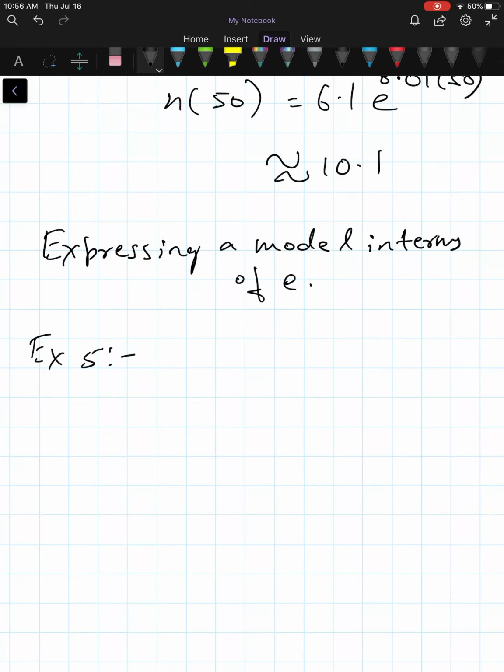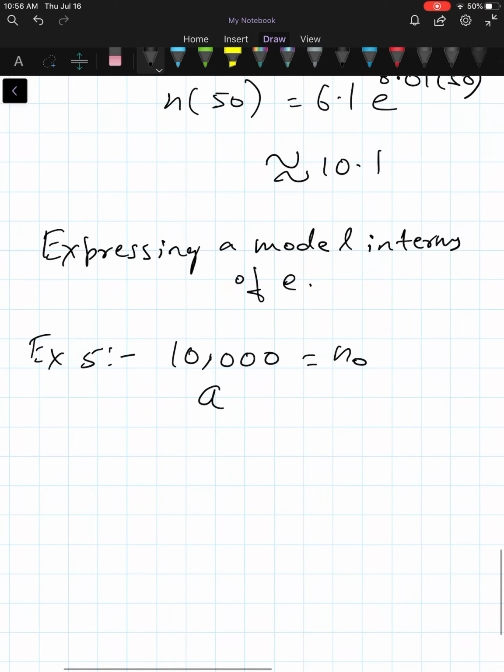If a culture starts with 10,000 bacteria, that means the initial number of bacteria is 10,000, and the number doubles every 40 minutes. So the doubling time, that is your a, would be 40 minutes.